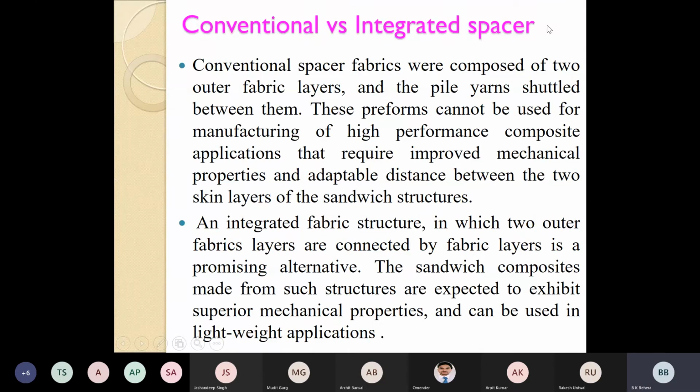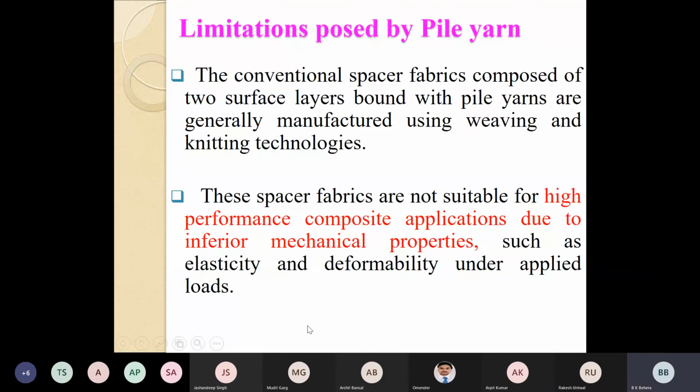Conventional versus integrated spacer. In conventional, the supporting pile threads are yarns. In integrated, the supporting pile threads are woven structures. So why did we switch over to woven structure wall? As I have already explained, limitations of pile yarn.